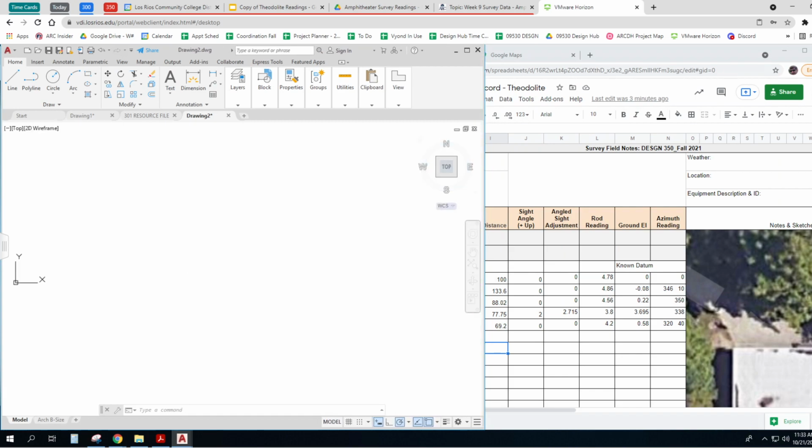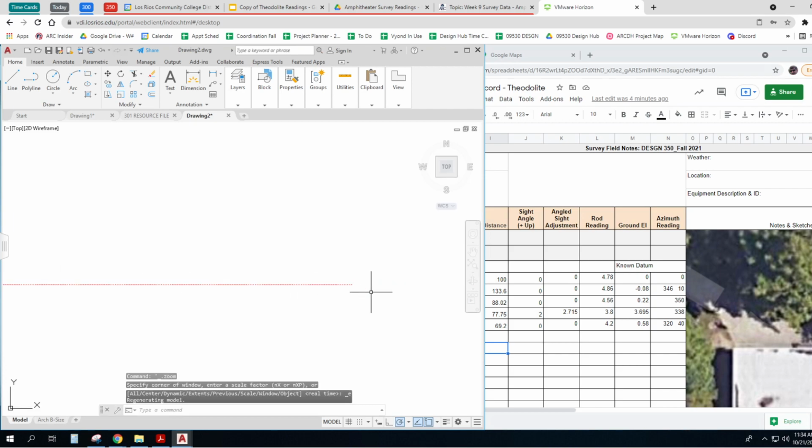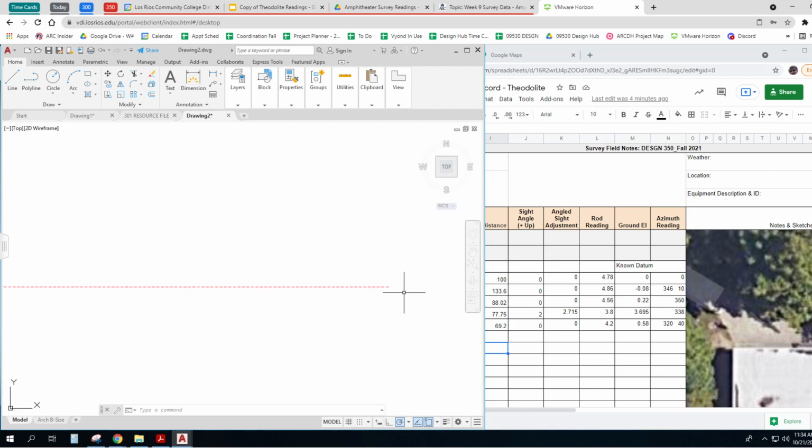So my first one is from 0, 0, and it's going to be 100 at an angle of 0. And I know that that thing is at an elevation of 0.